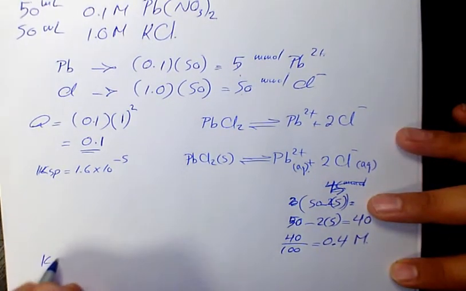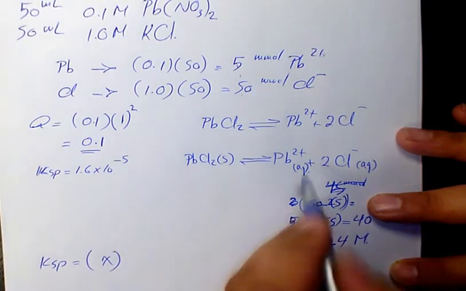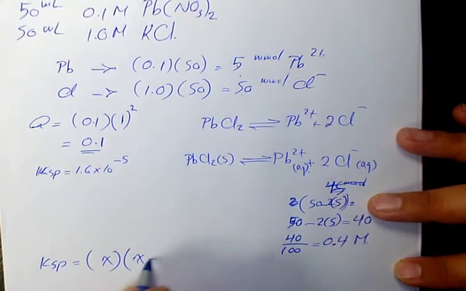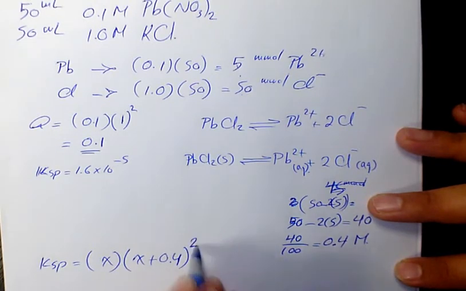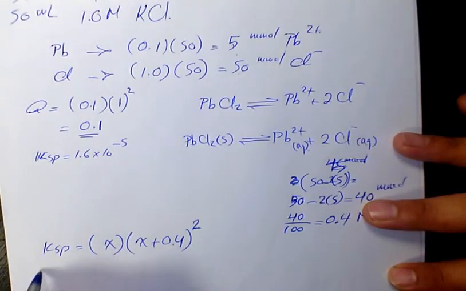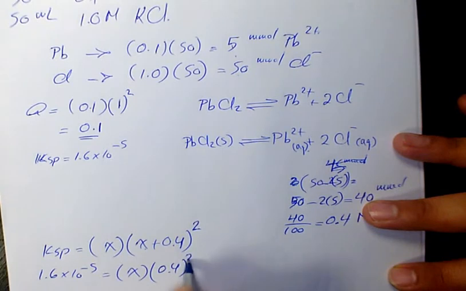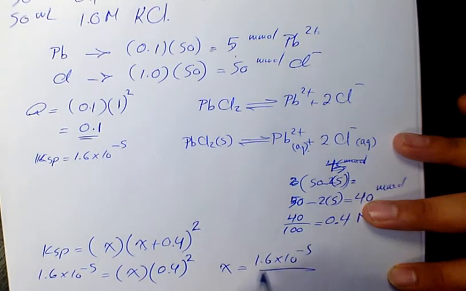So KSP will be X, which is coming from Pb, times X plus 0.4, which is coming from chloride, to the power of 2, because here the coefficient is 2. KSP is 1.6 times 10 to the power of negative 5 equals X times, I can neglect X comparing to 0.4, so it's 0.4 to the power of 2. So X will be 1.6 times 10 to the power of negative 5 divided by 0.4 squared, which is 0.16.